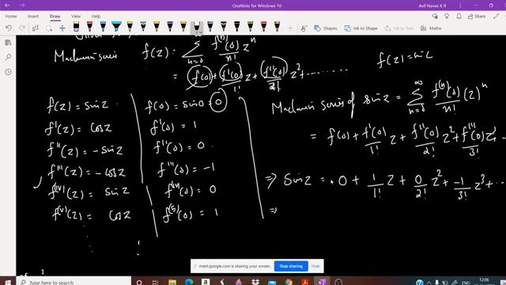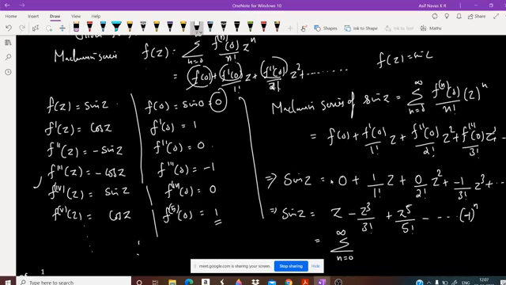So you can write sin z is equal to, we will get a pattern, z minus z cube by 3 factorial plus z raised to 5 by 5 factorial minus etc. So this we can write as sigma n equal to 0 to infinity. In general, what will be the nth term?